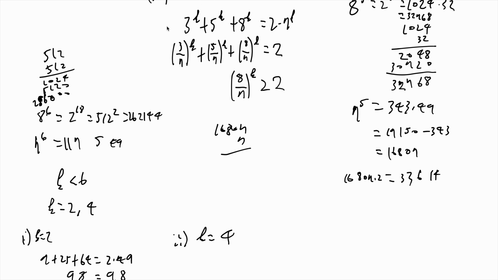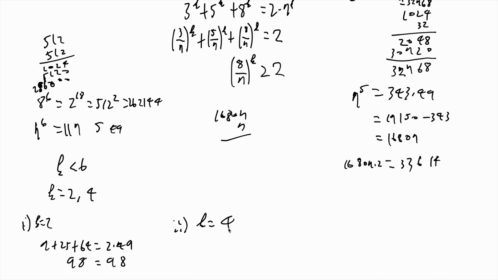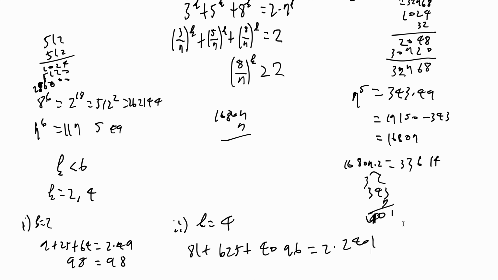Oh no. Okay, so 3 to the power of 4 is 81 plus 625 plus this is equal to 12, so 496. Yeah. 2 times 7 to the power of 4 is 343 times 7 is 2401.